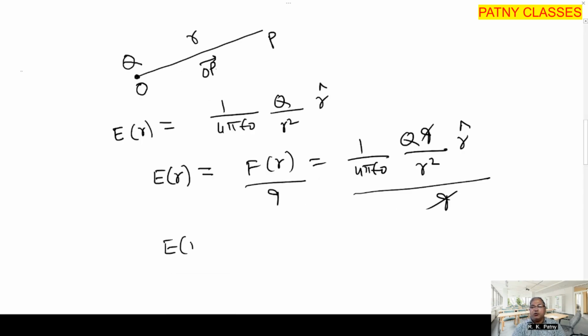You obtain E of r equals 1 upon 4 pi epsilon naught, Q upon r square, multiplied by r cap. This way the expression for electric field has been obtained. You can even visit my video in which I have specially developed the expression for the electric field for a single charge, for the total detailed explanation.